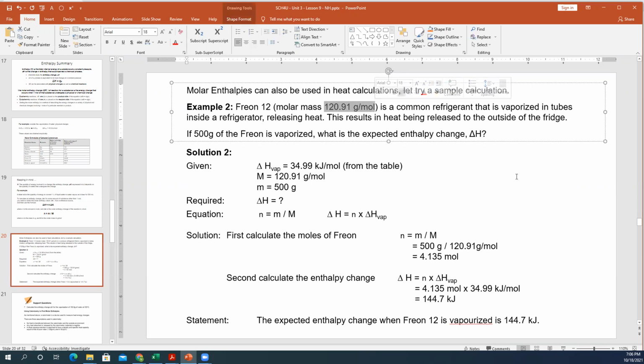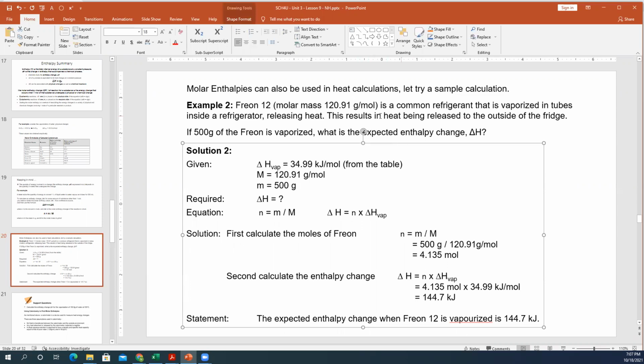We just keep that in mind. That's something that's useful to know. Freon is a common refrigerant. It's used in refrigerators and it vaporizes in the tubes inside the refrigerators and it releases its heat. This results in heat being released to the outside of the fridge and therefore cooling the inside of the fridge.